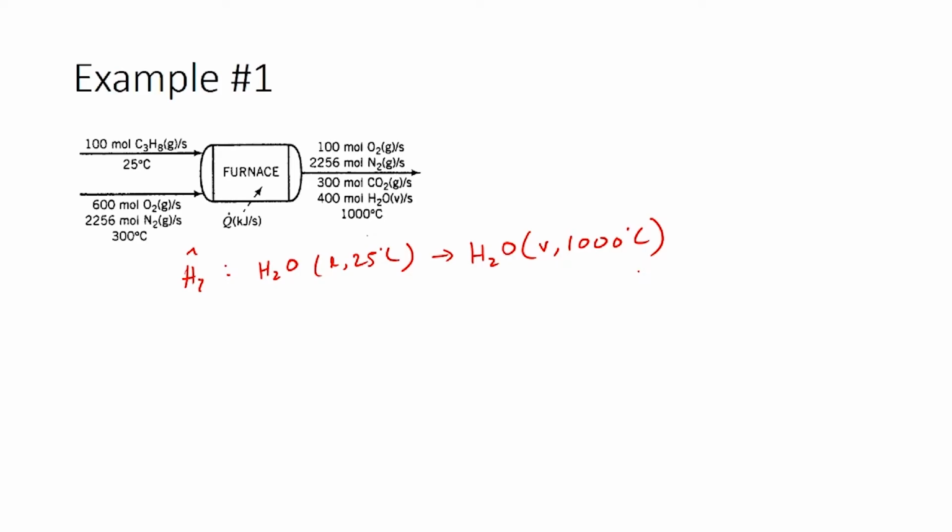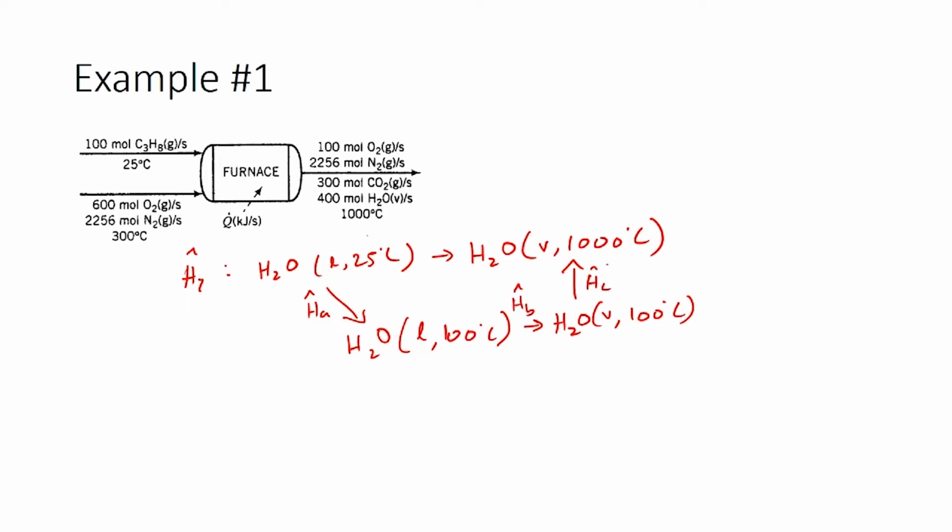hypothetical path built. The hypothetical path would be: water liquid at 25 degrees Celsius goes to water liquid at 100 degrees Celsius, from where it goes to water vapor at 100 degrees Celsius, and from here it goes to water vapor at 1000 degrees Celsius. Let us call these HA cap, HB cap and HC cap.